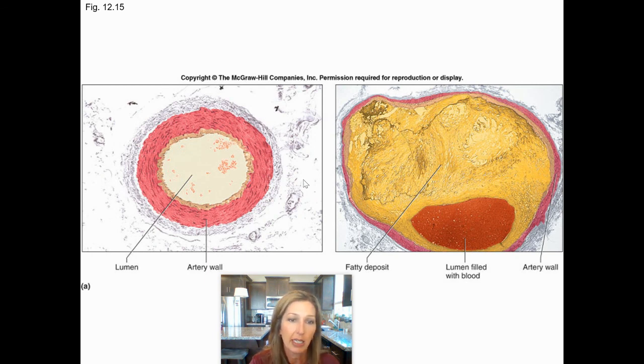What we're seeing here is a normal, healthy artery. But in here, this artery is so stretched out, and the walls of the artery have been packed full of this plaque that is the disease atherosclerosis. This is an incredibly severe case of atherosclerosis, and we don't know exactly which artery this is, but most likely it was the coronary artery, because the most common type of atherosclerosis heart disease is coronary artery disease.